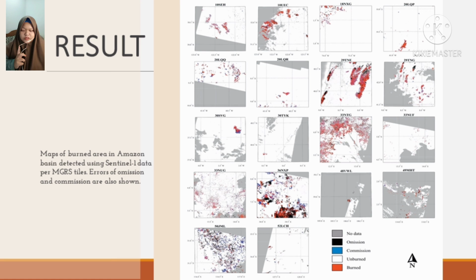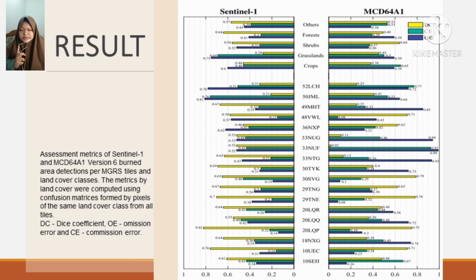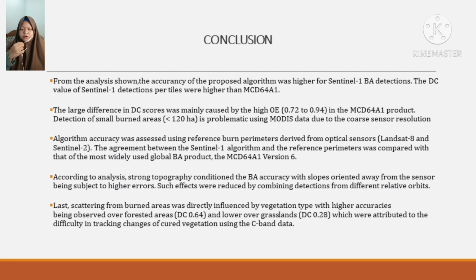Blue is commission, white is for the unburned area, and red is for burn area. This is the assessment matrix of Sentinel-1 and MCD64A1 version 6 burn area detection per MGRS tile and land cover classes. The metrics by land cover were computed using a confusion matrix formed by pixels of the same land cover class from all tiles. So the conclusion from this article is from the analysis.